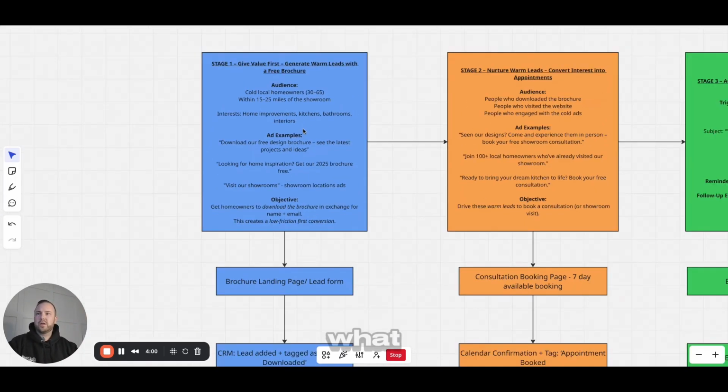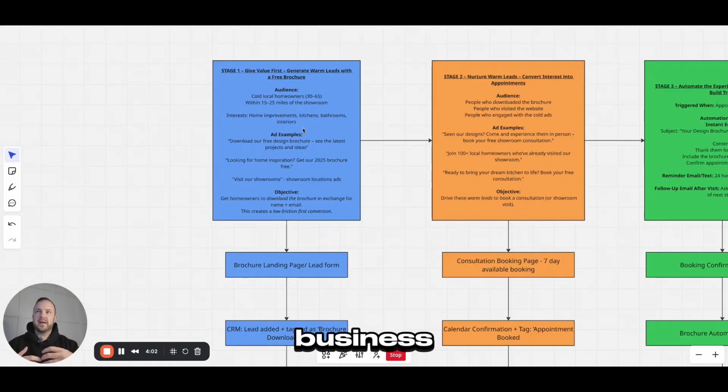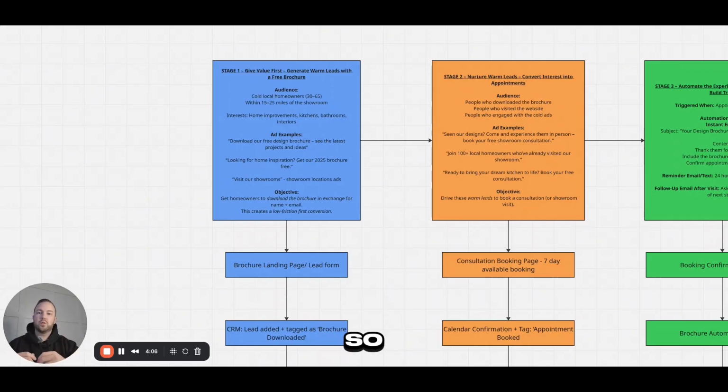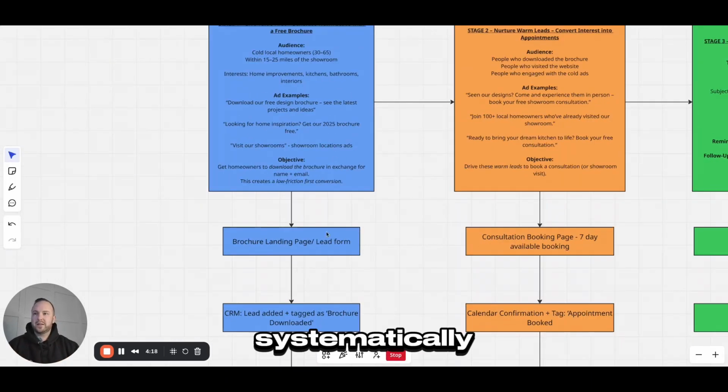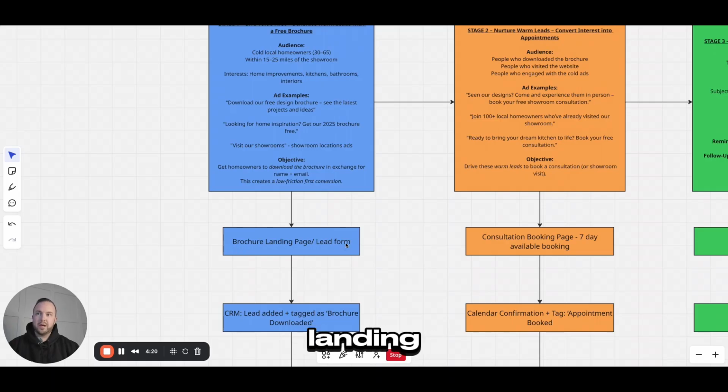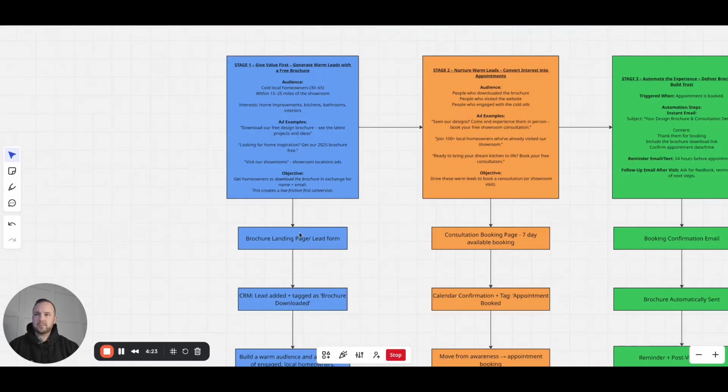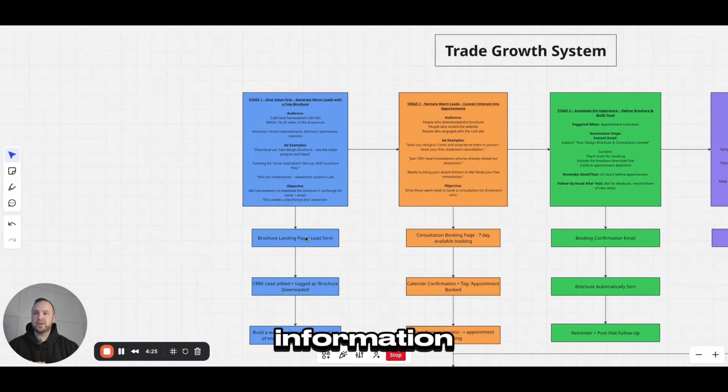Okay? So what this looks like for a trade business is exchanging, and this is called a high value content offer. So we are giving the lead a brochure or a free downloadable, for example. And then in exchange, we get their contact details, okay? So systematically, this looks like a brochure landing page and a lead form where we can collect their information.